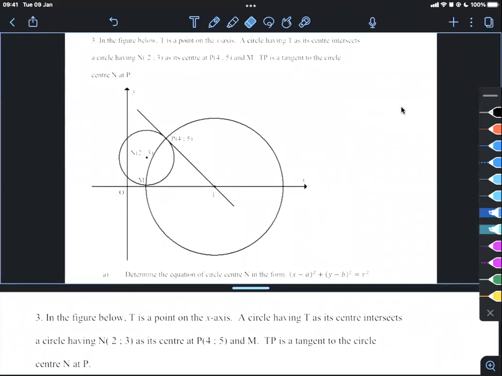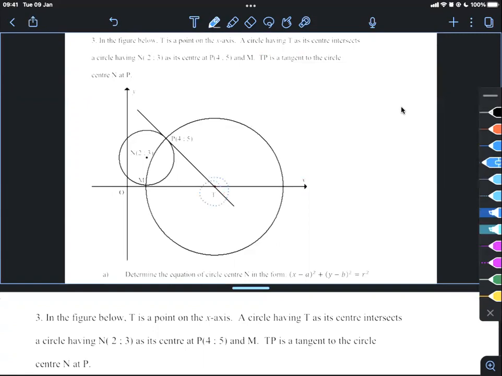All right, so in the figure below, number 3 reads, T is a point on the x-axis. That's the T here in the middle of this large circle, and as we can see, that point is right on the x-axis. Pay attention to that.